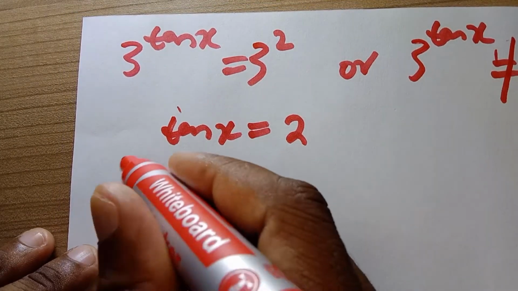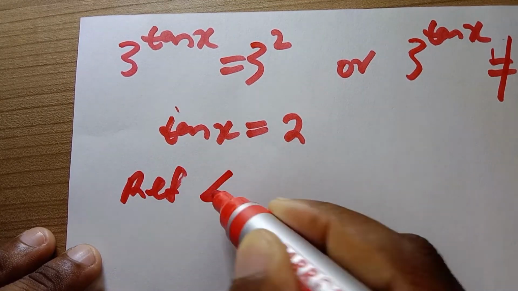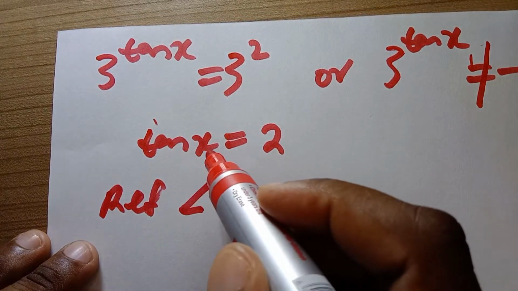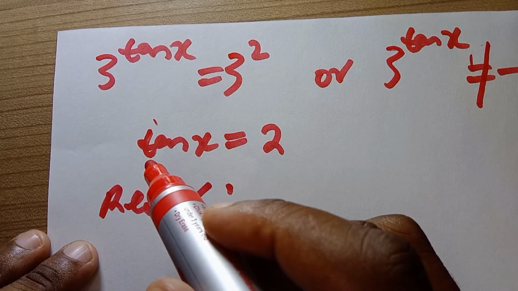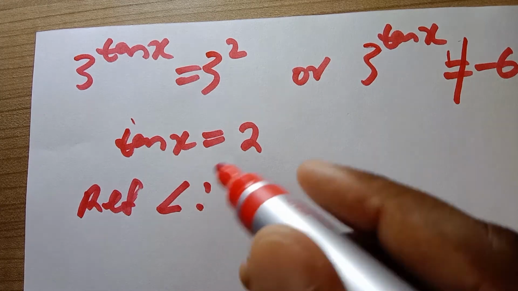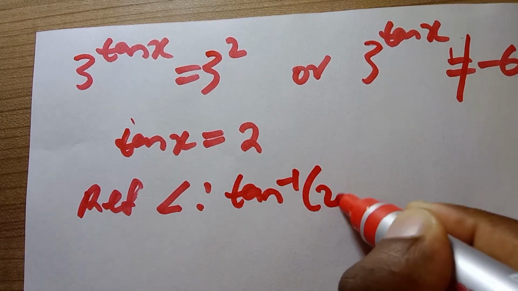With the general solution, you start with the reference angle, okay? With the reference angle, it's like we are solving for the x there, okay? Then this one we are saying literally should go to the other side, but when it goes to the other side, it becomes the arc. Then you're going to have tan arc of 2 there.